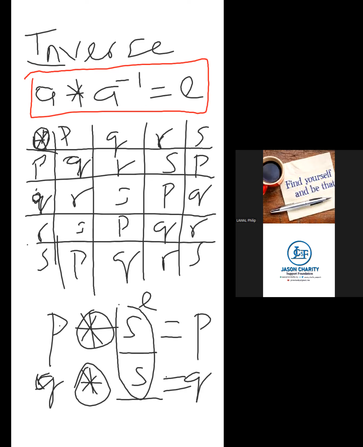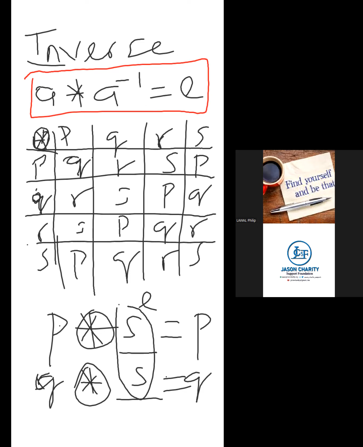And in the same vein, we can find the inverse of P. Which element can I operate on P that will give me the identity element? You can see the condition in the red box up there: look for an element, operate it on another element, then you get an identity element.